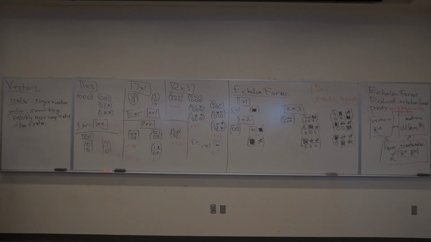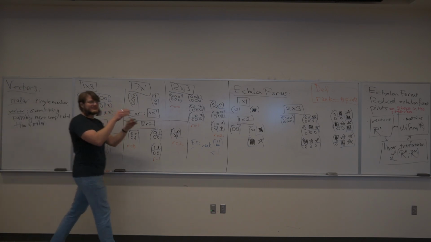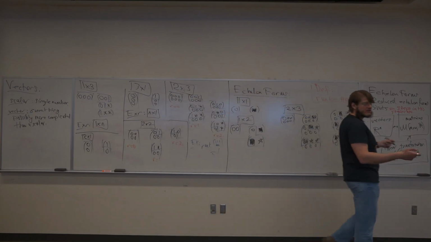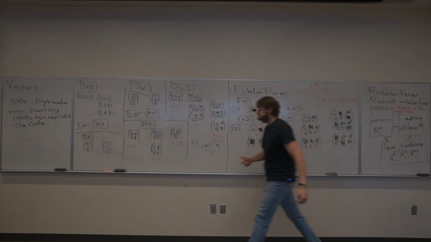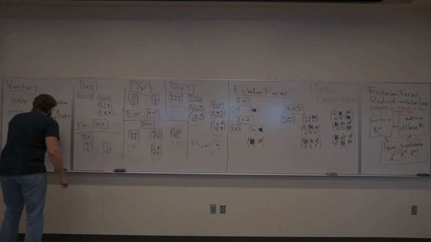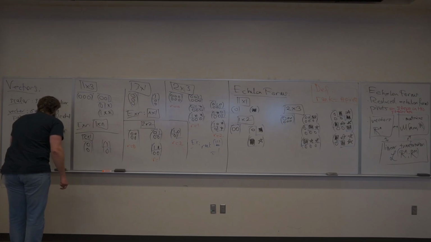Another thing that is very important for us is when people say, oh, that's a vector, you should really imagine it like this. You can take objects and you can add them together and scalar multiply.